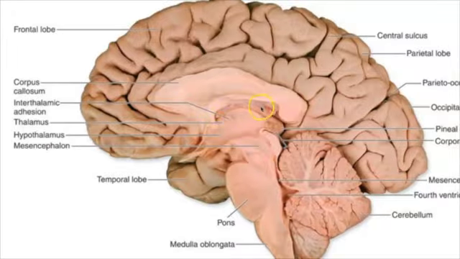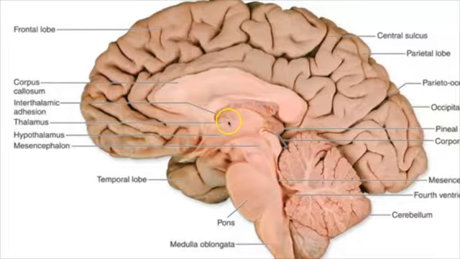This is the area of our diencephalon. So up here, this little purplish stuff is actually the choroid plexus of the third ventricle. Back in here, remember, this is the back side. This is the pineal gland. Here is the thalamus.